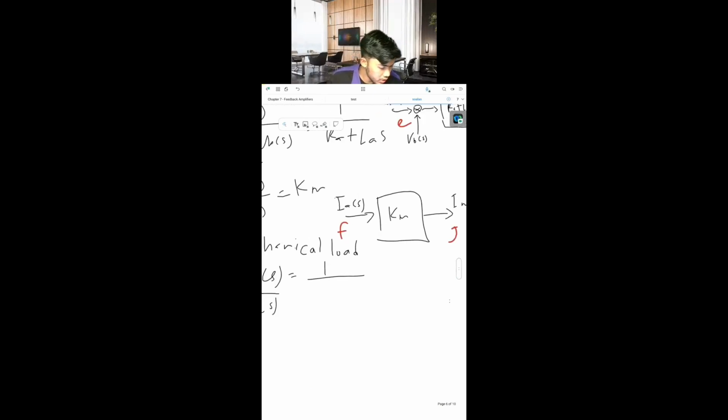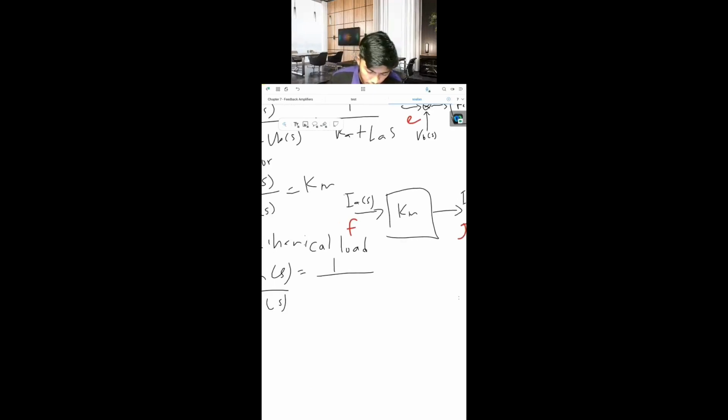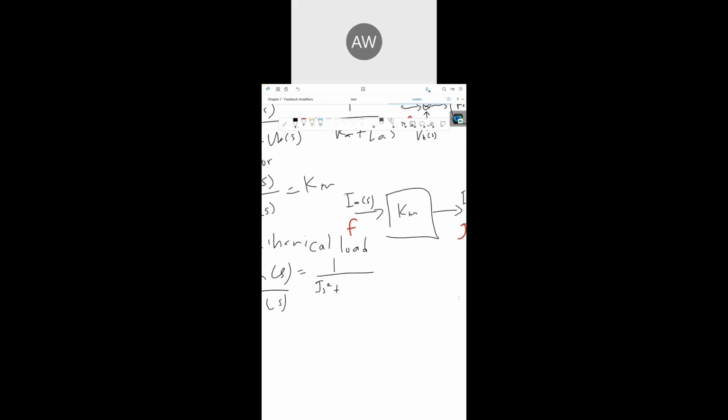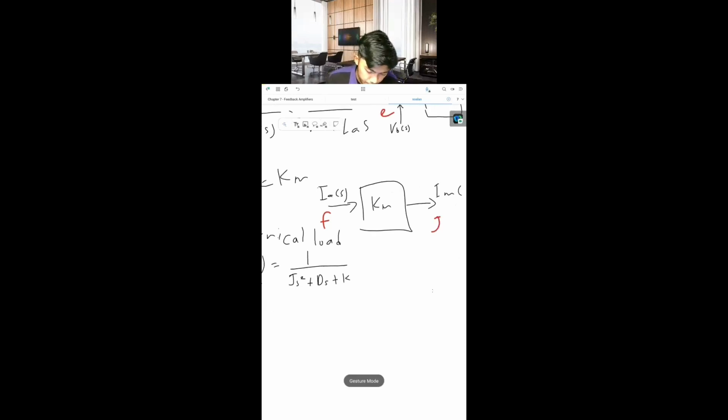J in the s domain is Js squared, plus the damper is Ds, plus the spring is K. Okay, that's all.